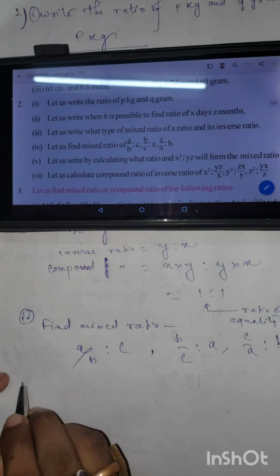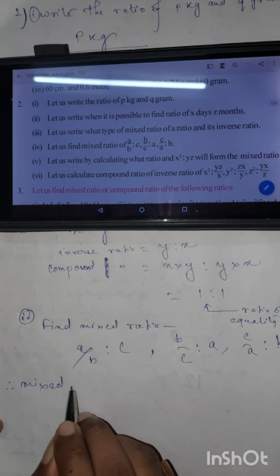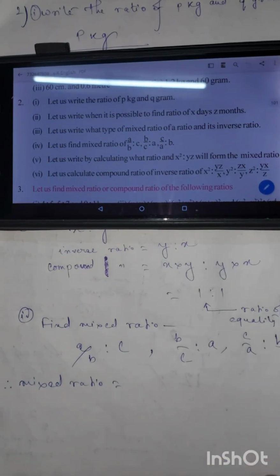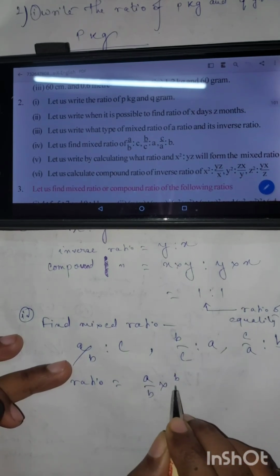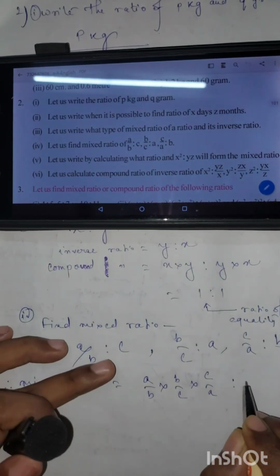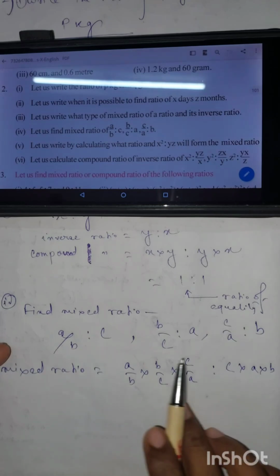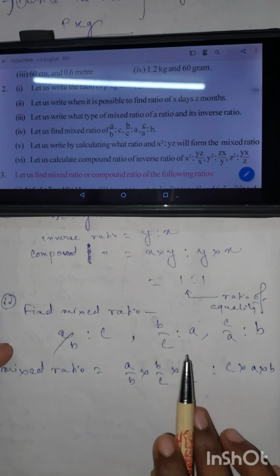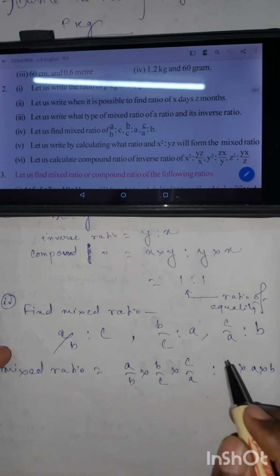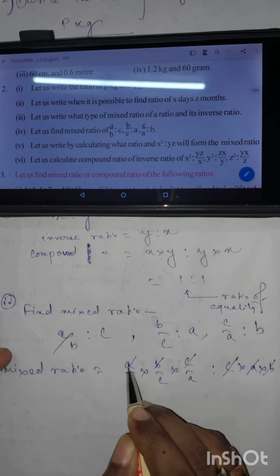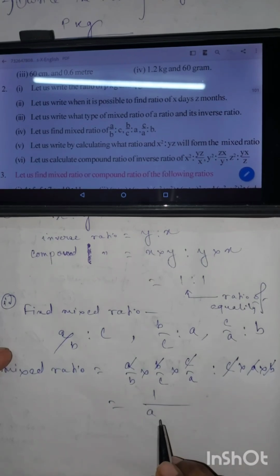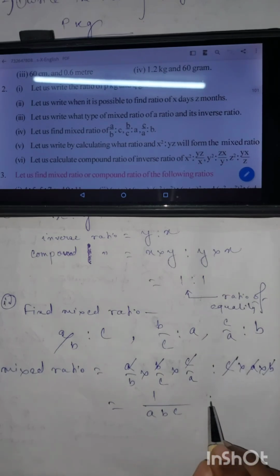So A by B into B by C into C by A is to C into A into B. Now we can cancel CAB, so it becomes 1 by ABC is to 1.